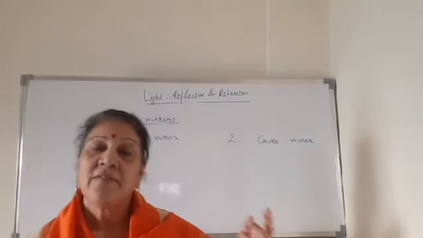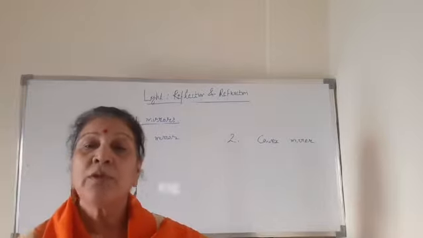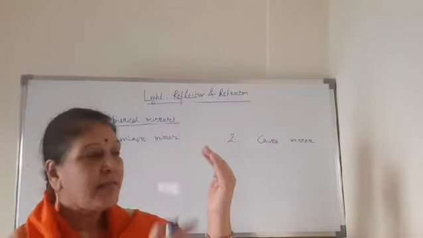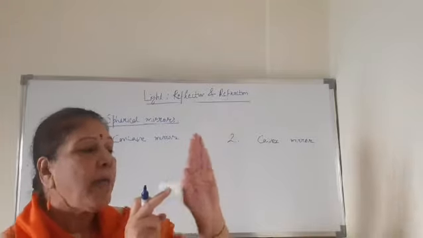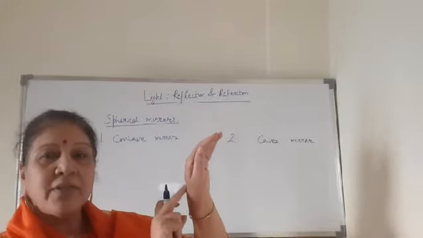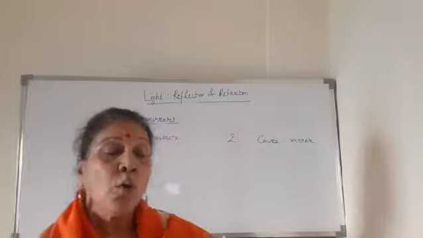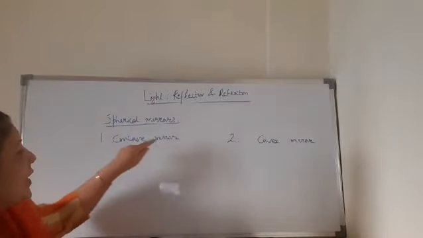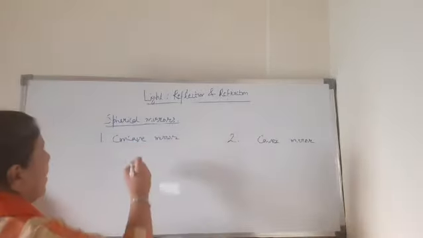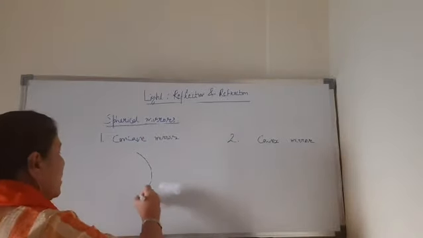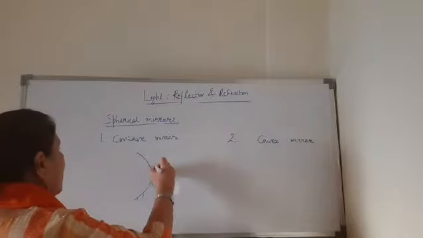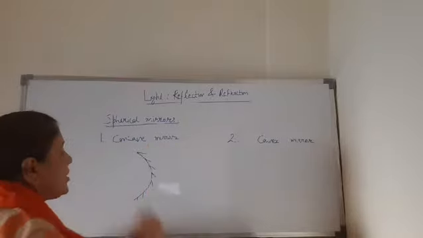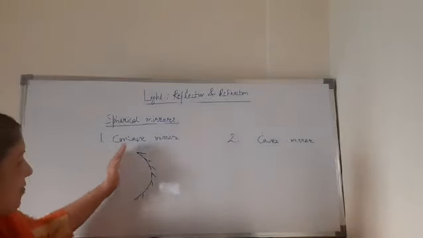You all must have observed the spoons in your home. If you hold it like this, this caving part resembles the concave mirror and the bulging out part resembles the convex mirror. As the name suggests, a concave mirror is where the mirror is in this shape, it is caving in.